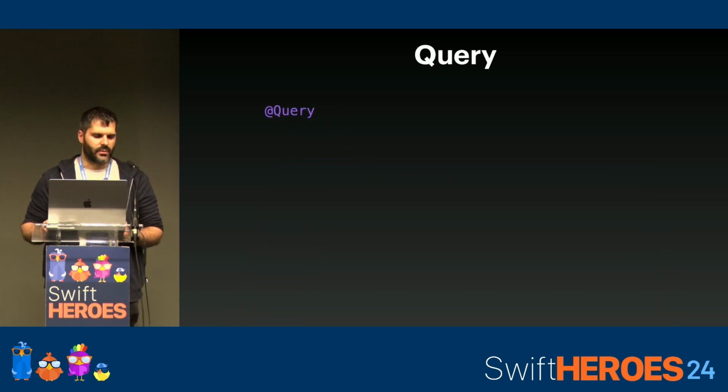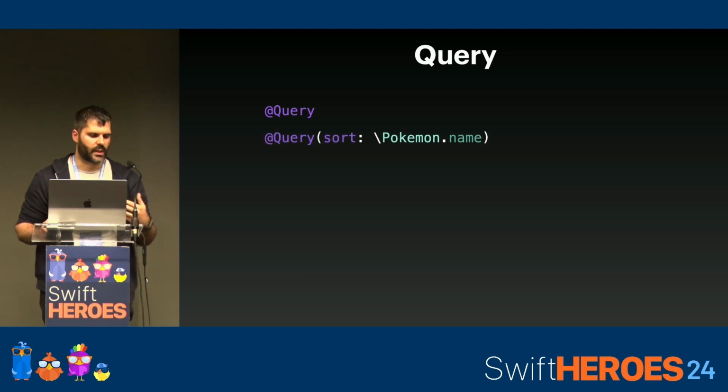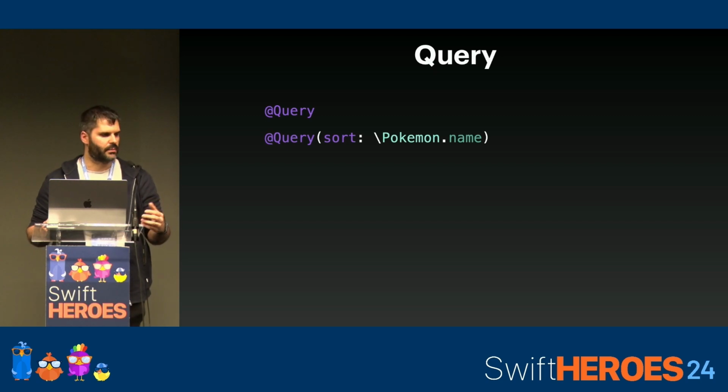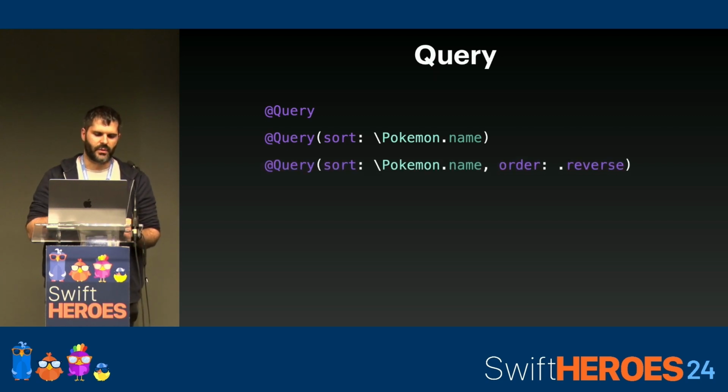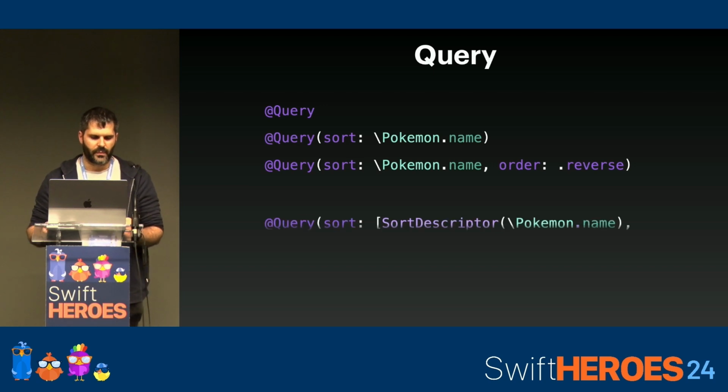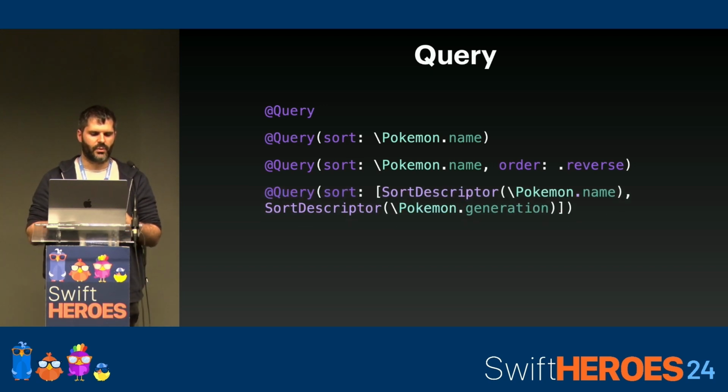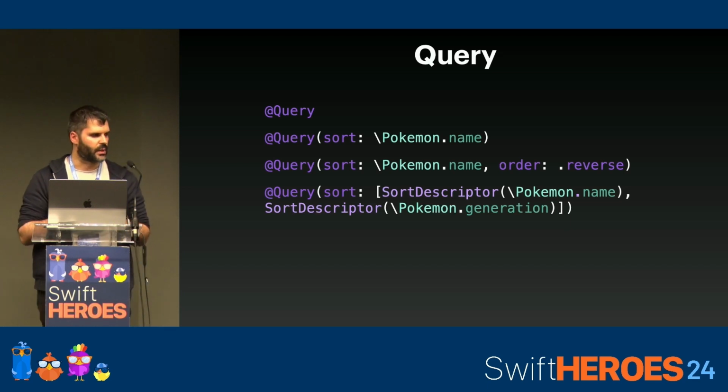With query, we can specify different behavior. For example, if we want to sort our models by name, or if we want to specify a specific order. Or for example, we want to use different criteria to sort our models.